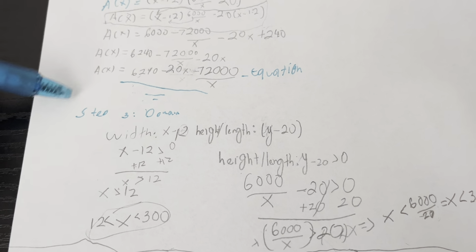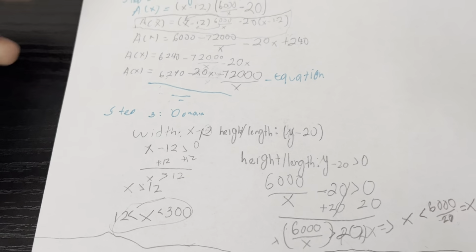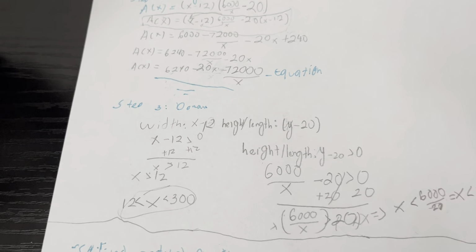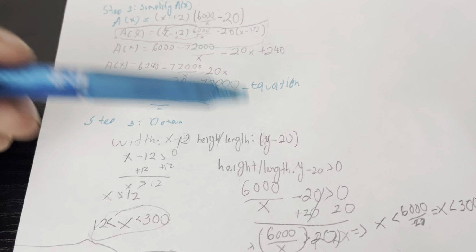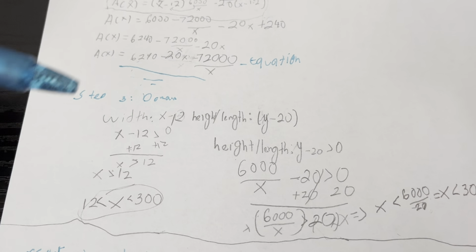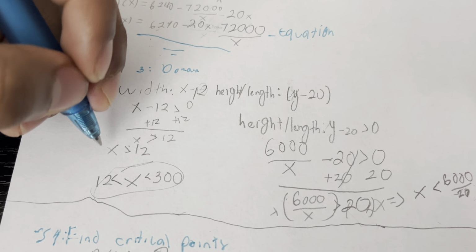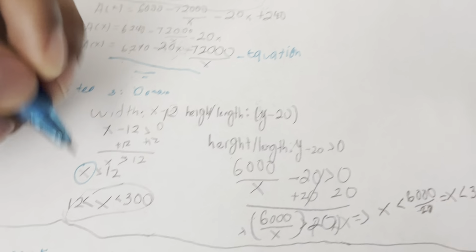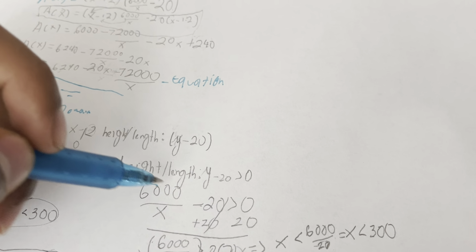So basically, how do we find the domain after we already simplified and found everything that we need to know so far? We get the width, then we get the length. In order for it to be the domain, it needs to be the x. So we start off with 12, so the interval has to be greater than 12. And then we get the height and the length.